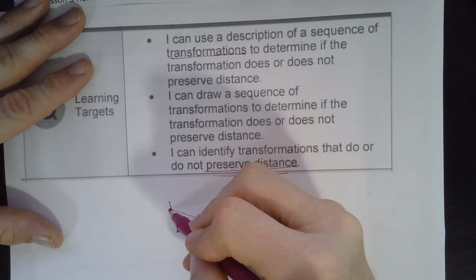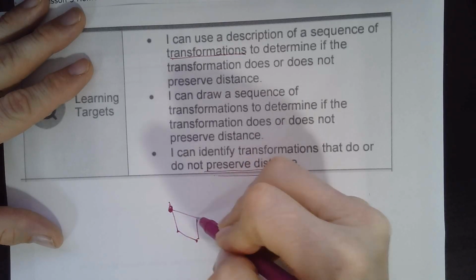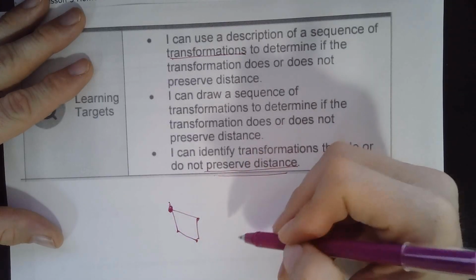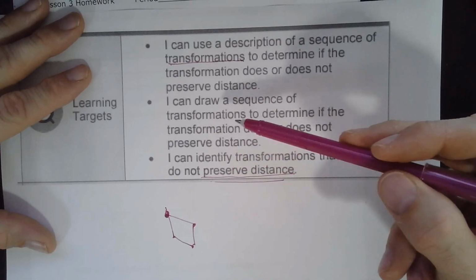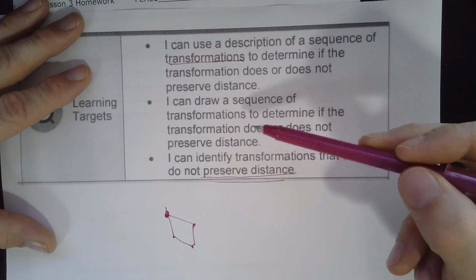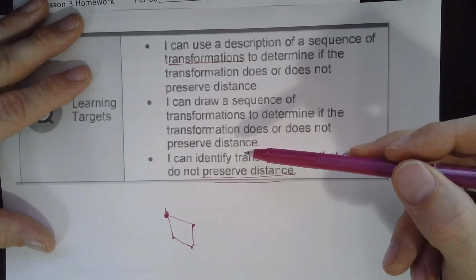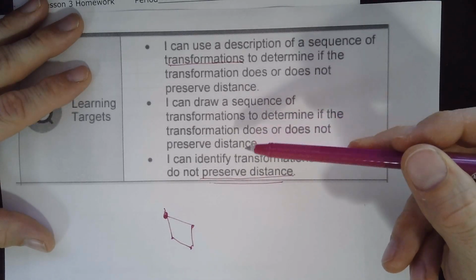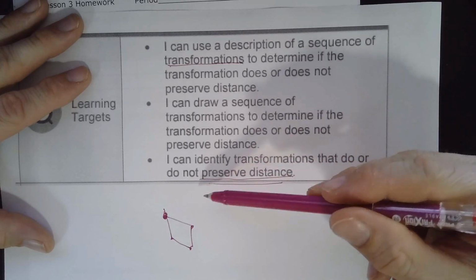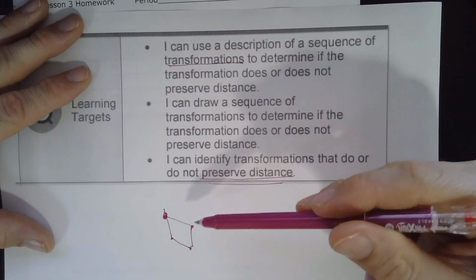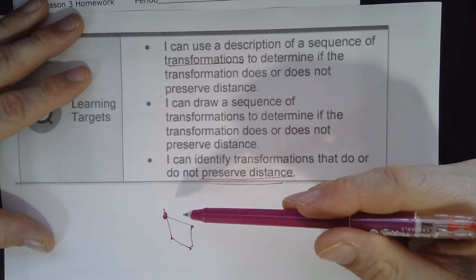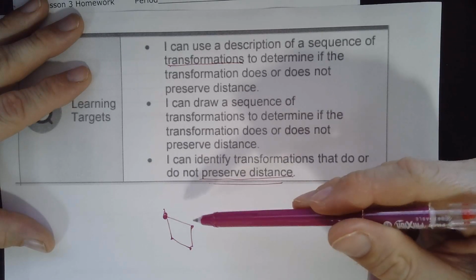If all of these lengths here stayed the same length, okay, and then if I'd be able to draw some sequences given some algebraic description, some points, right, and then be able to say, after doing all that, was distance preserved, right?